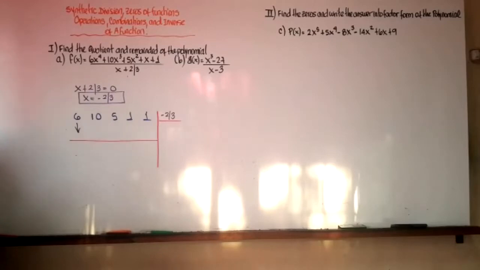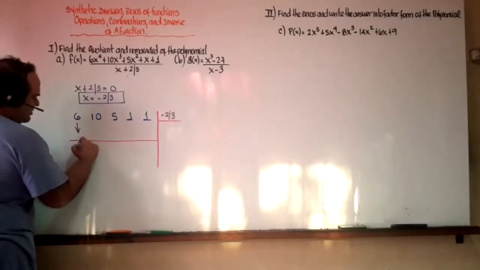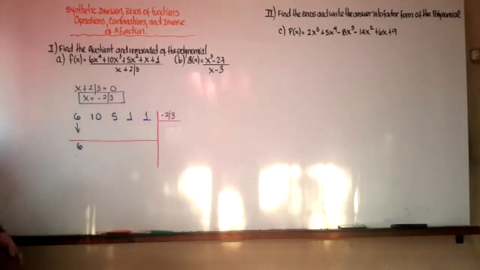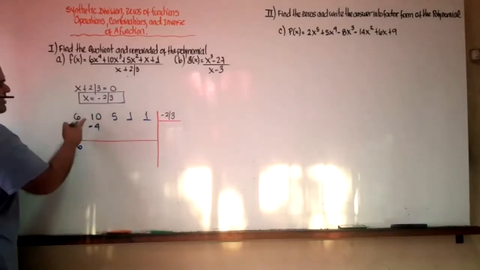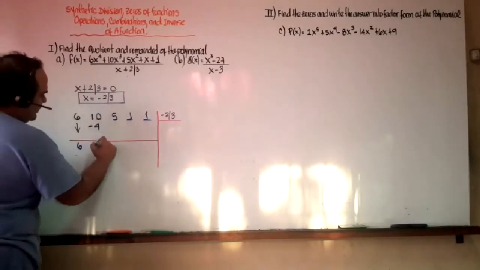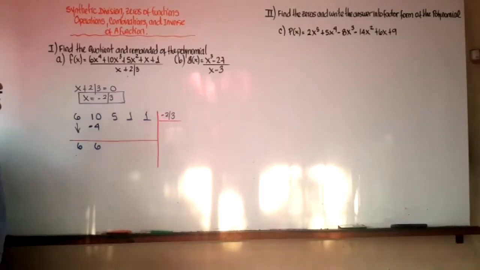The first thing we must do is copy downward, below the red line, the number 6. Then 6 multiplied by -2/3: 6 times -2 is -12, divided by 3 is -4. 10 minus 4 will be positive 6.